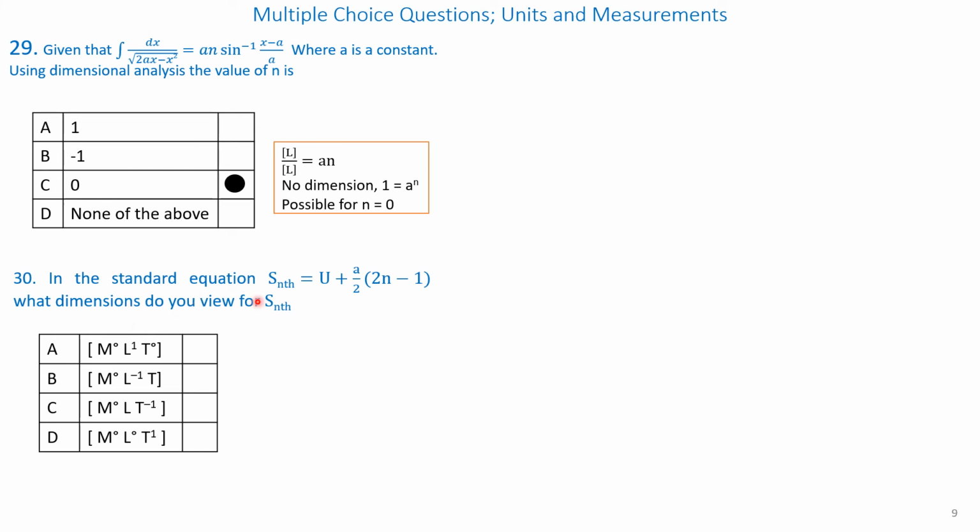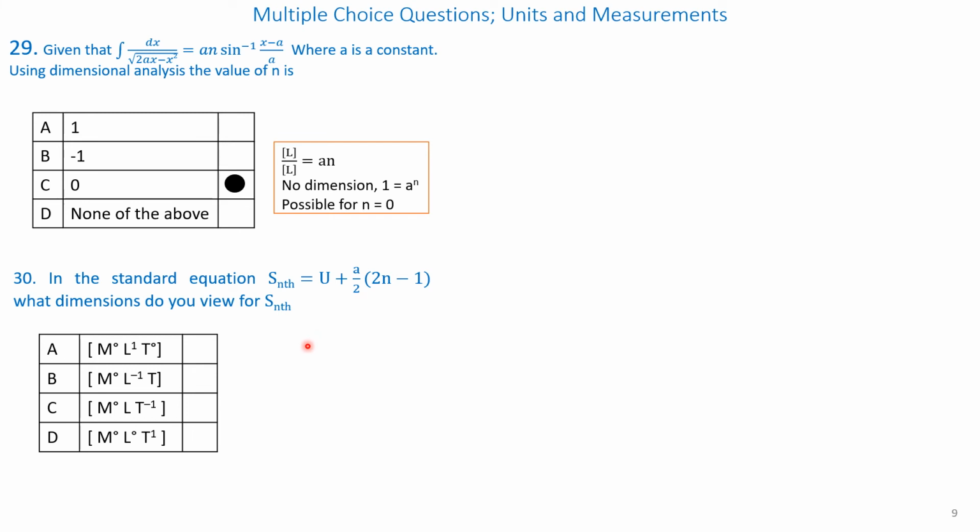In standard equation Sn, that is the distance in the nth second, equals u plus a by 2 into 2n minus 1. What dimension do you view for Sn? So it is nth time, that is 1 over t.